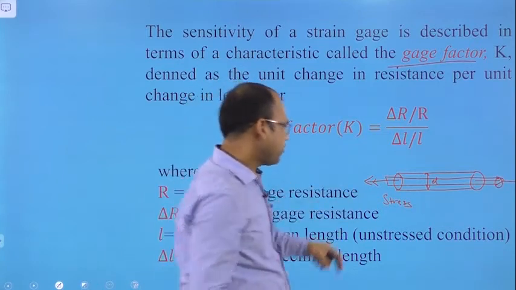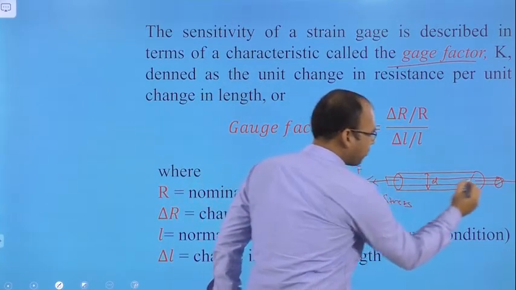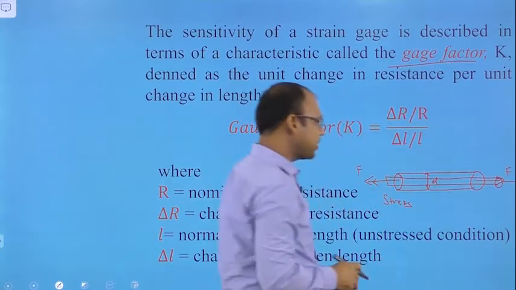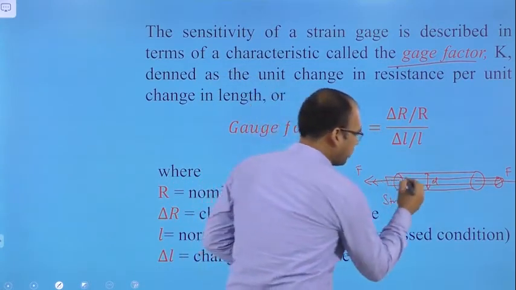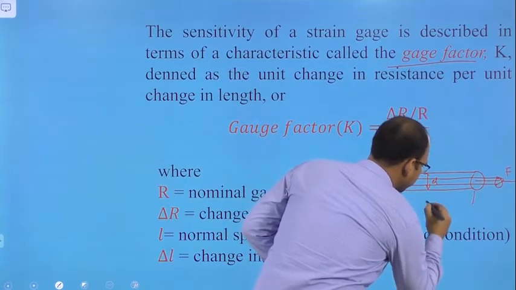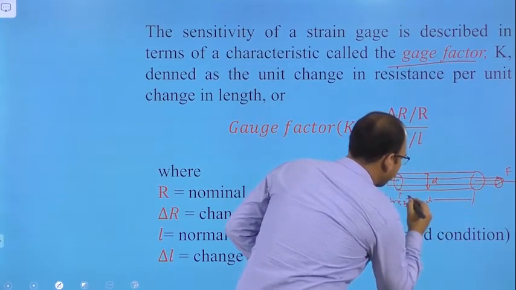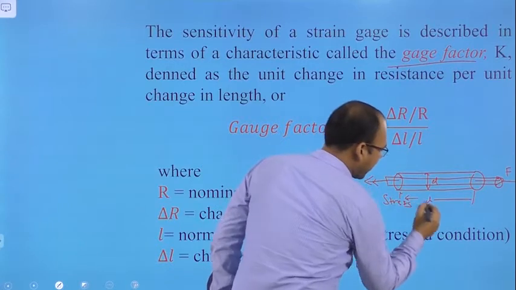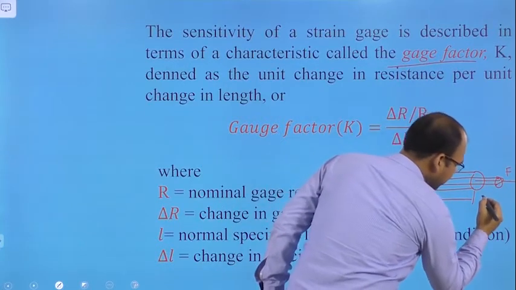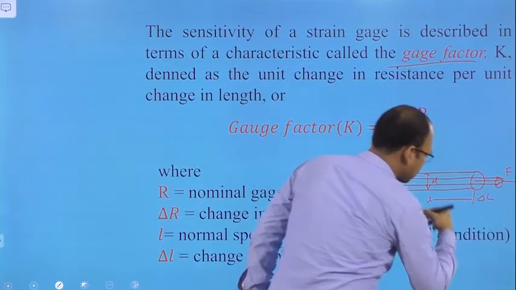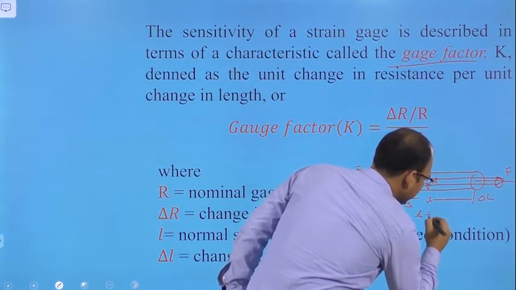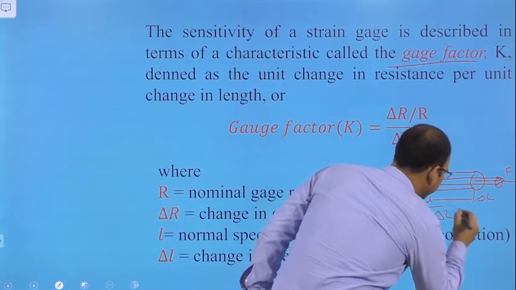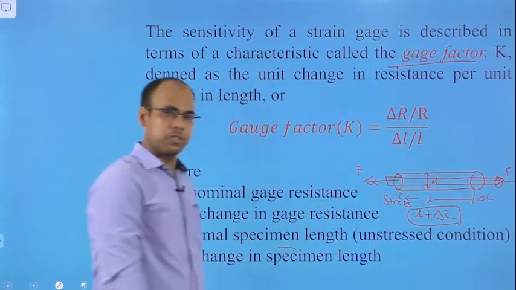So this stress phenomenon, whenever we apply a force, we can see that there is some change in the length. Let's suppose previously its length is L, and now its length becomes L plus some change in length delta L after applying some force.